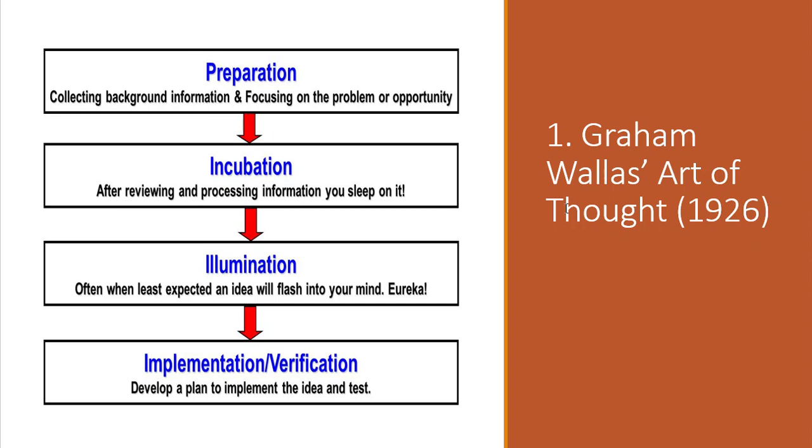We collect the background info and focus on the problem or opportunity. So we collect all the related info, the background info. When we try to solve any problem, to think creatively, we collect all the info that we have and we focus on what is the problem and the opportunity that we have.